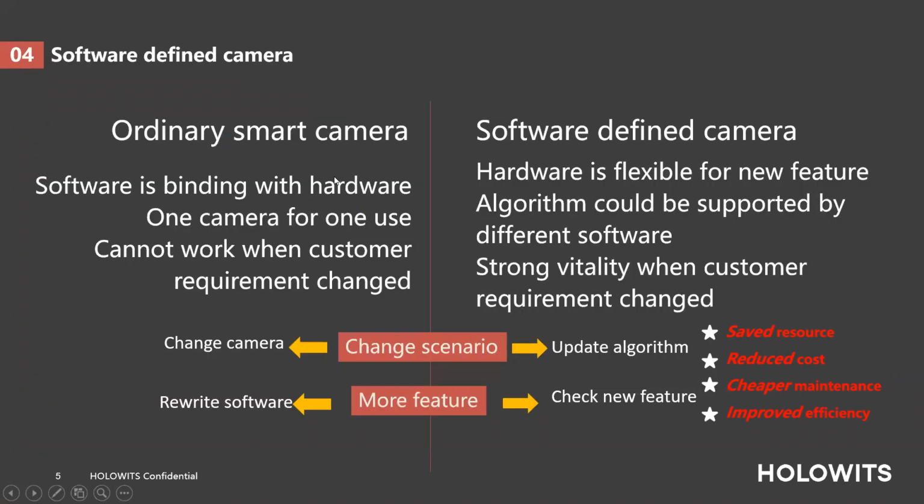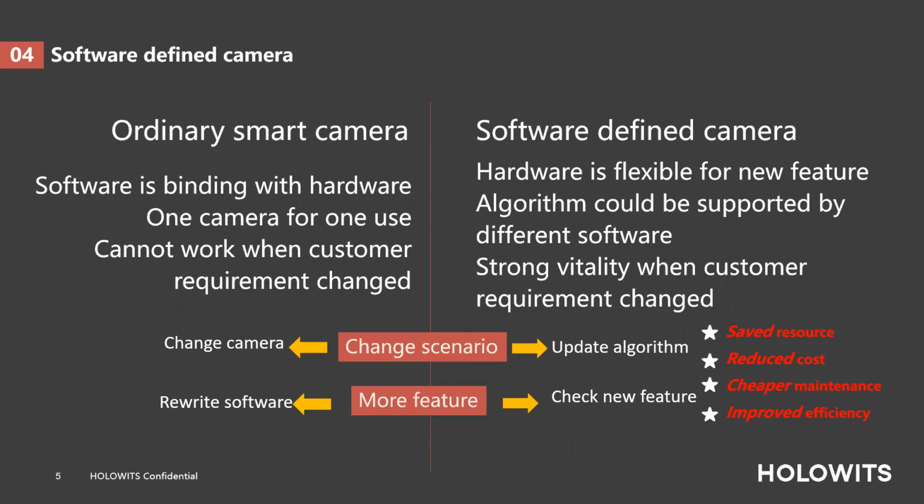This is the software-defined camera. In ordinary smart cameras, software is combined with the hardware, so one camera can only be used for one purpose and cannot work when the customer's requirements change. Our software-defined cameras are flexible for new features. Algorithms can be supported by different software, with strong flexibility when the customer's requirements change.